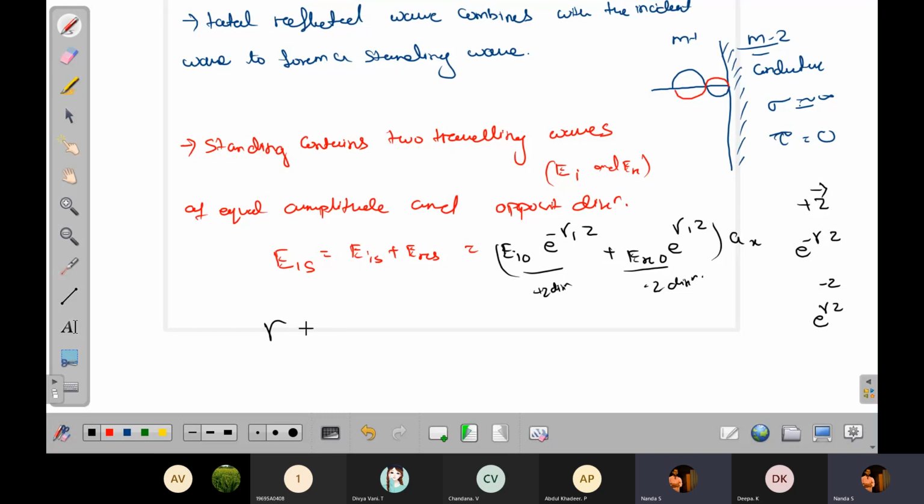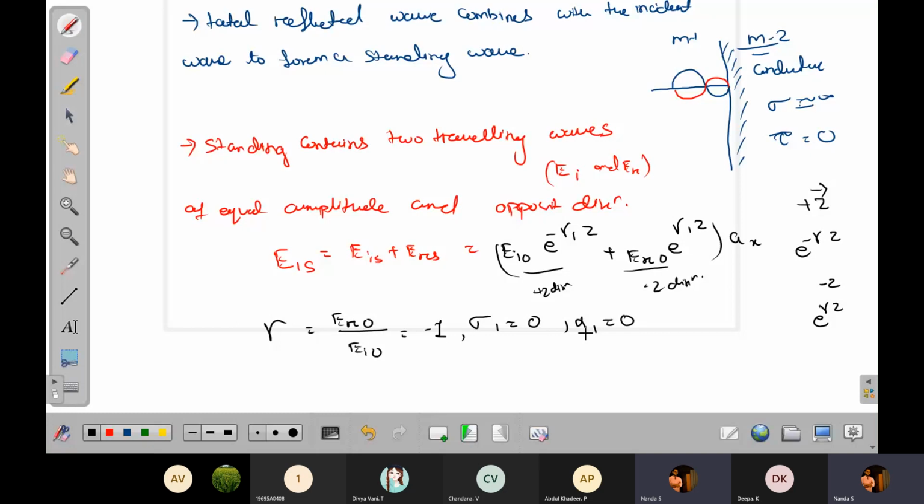Now what is this reflection coefficient? That is ER0 divided by EI0, which equals minus 1. We found that from the eta 1 eta 2 property. Sigma 1 equals 0, conductivity is 0, so alpha equals 0, attenuation is 0.